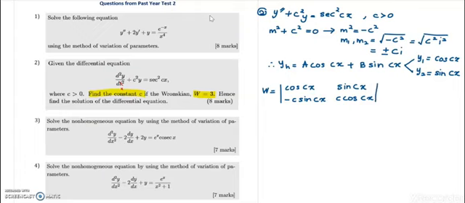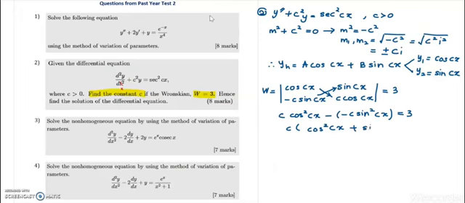It is stated that the value of W is 3, so we use that information. It means that c cos squared cx minus negative c sine squared cx is 3. So we have c times cos squared cx plus sine squared cx, which is 3.